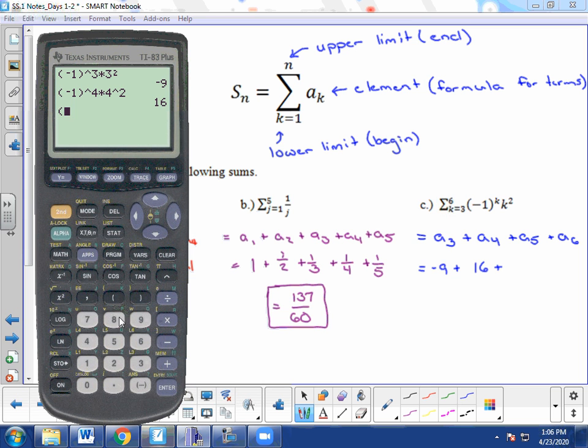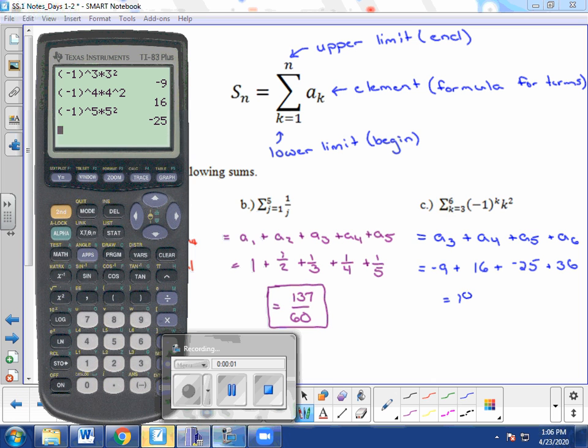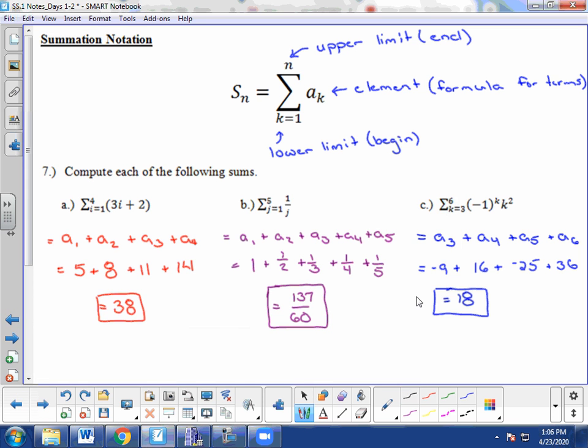Then I'm going to have negative 1 to the fifth power times 5 squared, which is negative 25. And if you see the pattern here, this is going to be positive 36. So when I add all these together, the summation is 18. For this specific one, we do have to pay attention to the lower and upper limits. It starts at 3 and ends at 6.